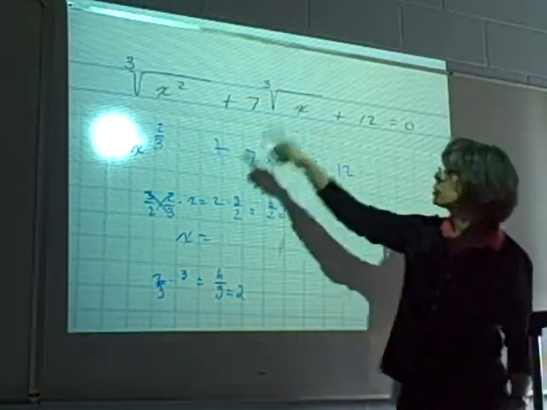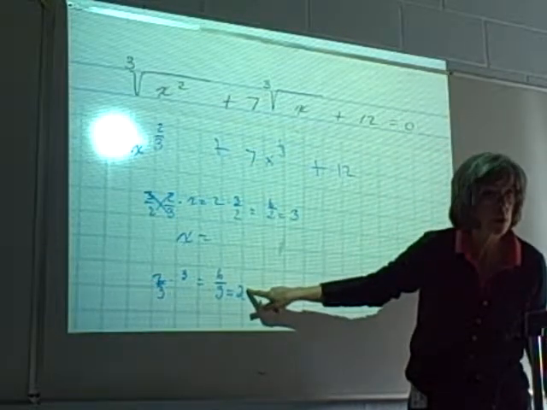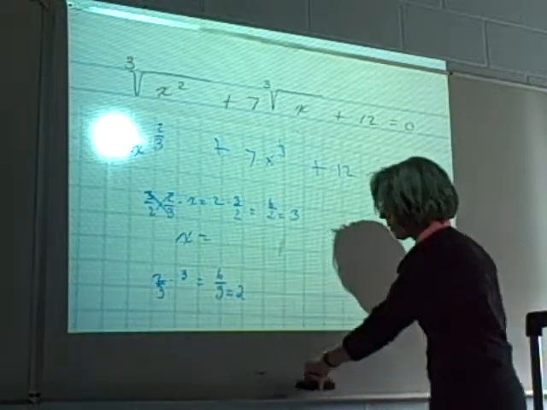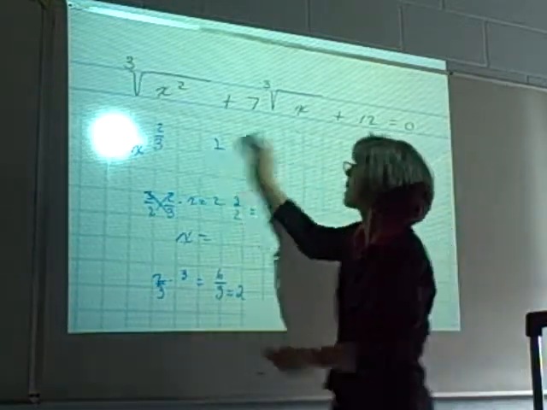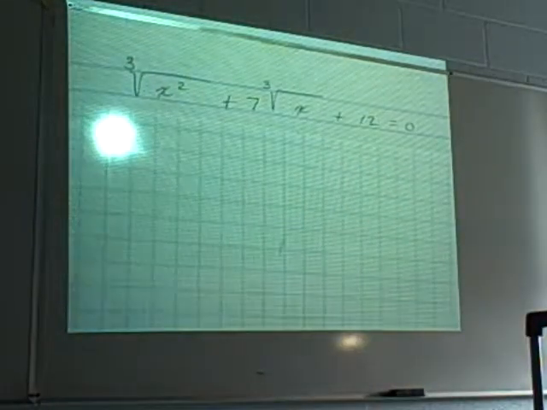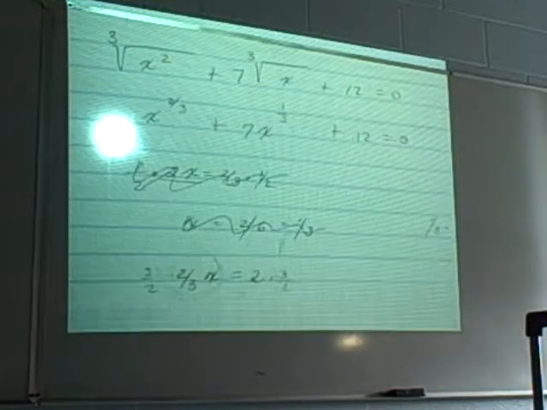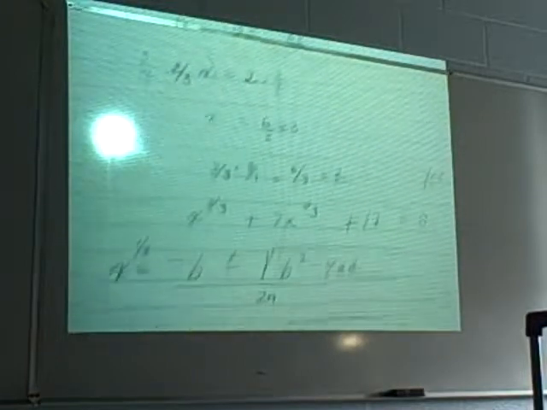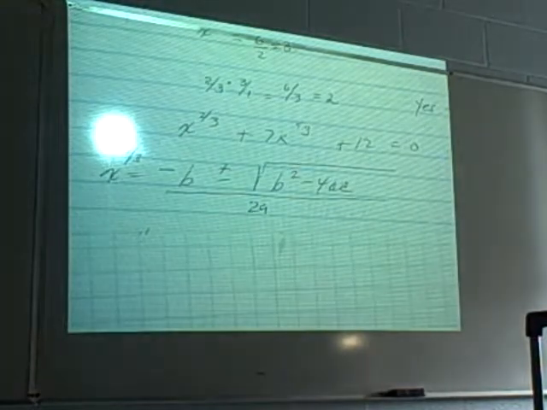Is my first term, can I raise it to a power of 2? Yes. Okay, so that's my clue. I can write this as a quadratic. Okay, so I'm gonna erase this. I want you to see this before Nancy starts talking. Okay, so I've rewritten this. Here's my problem. So I just rewrote it as x to the 2/3.